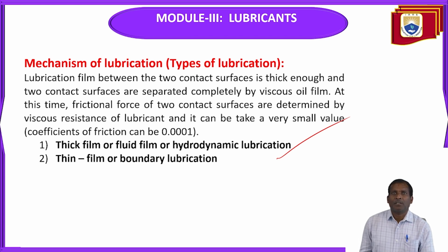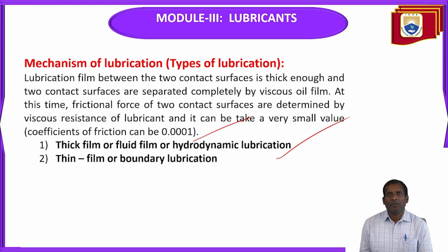At this time, the frictional force between the two contact surfaces is determined by the viscous resistance of the lubricant, and it can take a very small value. The coefficient of friction can be 0.001.